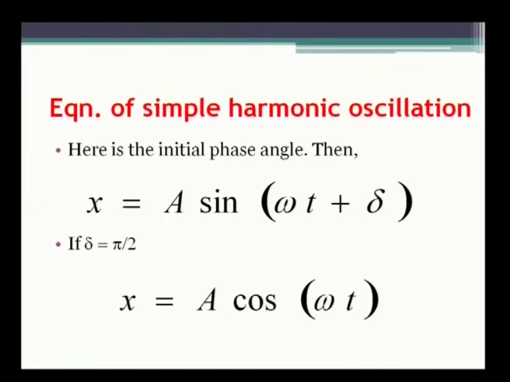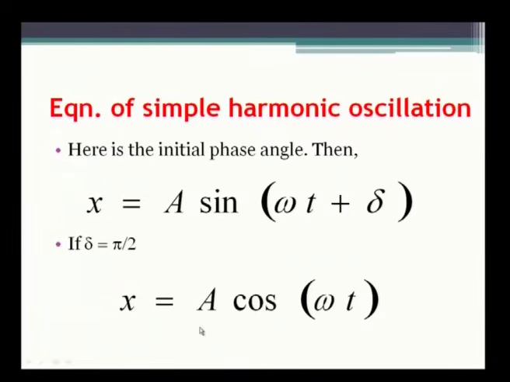If the initial phase value is, let us say for example, pi by 2, what expression will we get? If the initial phase angle delta is pi by 2, we get sin of 90 plus theta, which is cos theta.